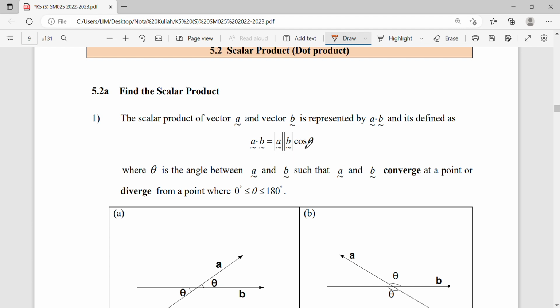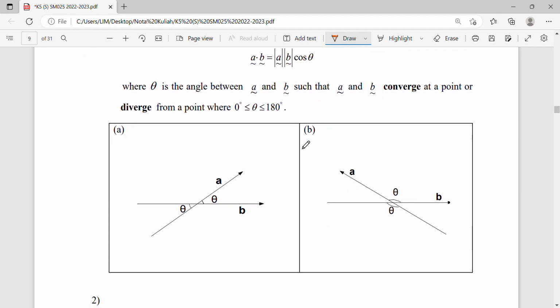That is the meaning here: vector A dot with vector B equals magnitude A, the length of B, multiplied by cos theta. So if the directions are like this, A and B, the angle is this angle. You calculate on this angle. So the dot product has another meaning: you can use it for finding their angle. By condition, you must look at the direction, the tails open up. If A, B, then this angle.